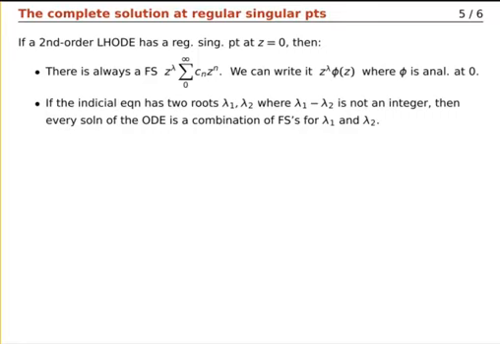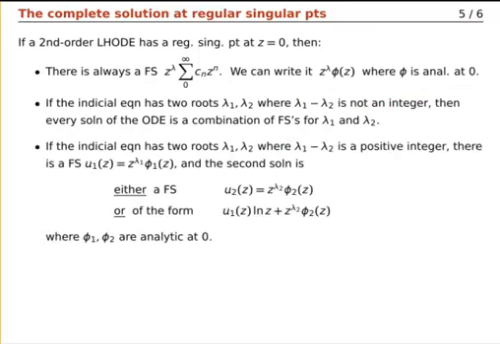You would expect to get two Frobenius solutions, one for each of the two values of lambda, so that the general solution of the differential equation is a combination of those two Frobenius solutions. Well, that happens sometimes, and it's guaranteed to happen in the case where the difference between the roots is not an integer. So that's the simple case.